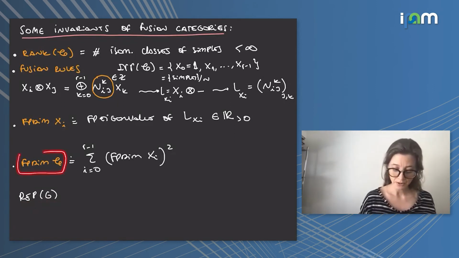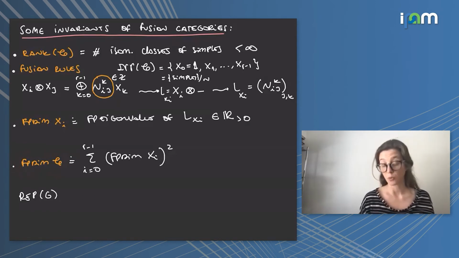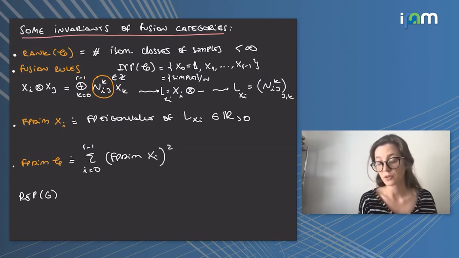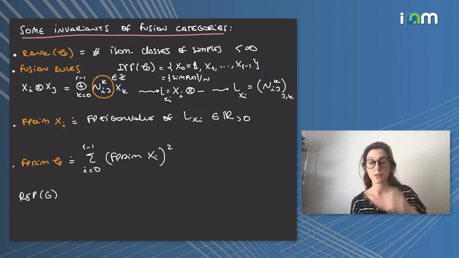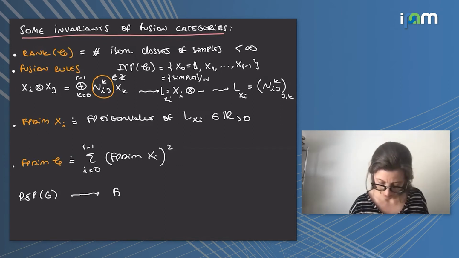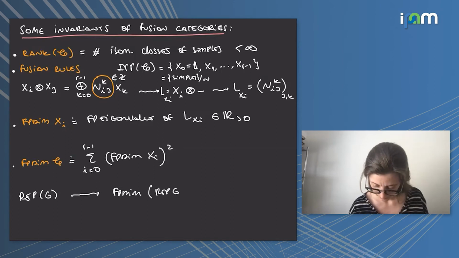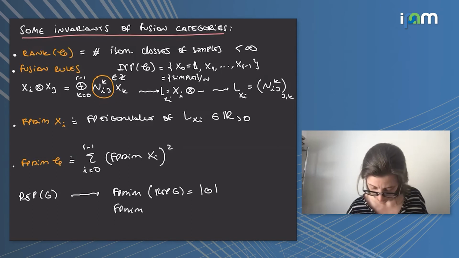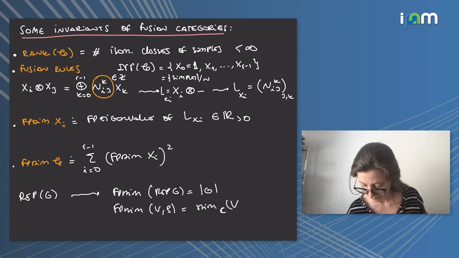And this dimension is the order of the group, because what I'm getting here is the sum of the squares of the dimensions of the irreducible representations. So I'm getting the order of the group.